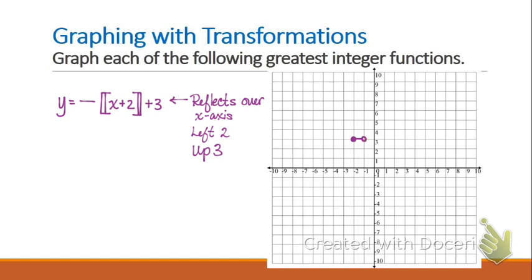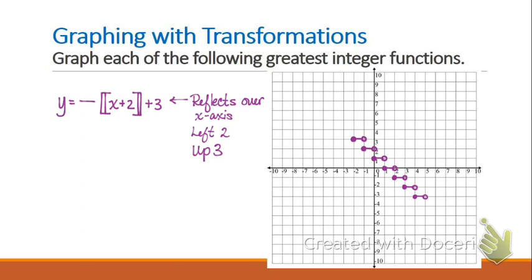And then this is going to walk down instead of walking up because of that reflection over the x-axis. So my next step would be down like this, and then I would have a step down here. And that's going to continue until I can't do any more on my graph.